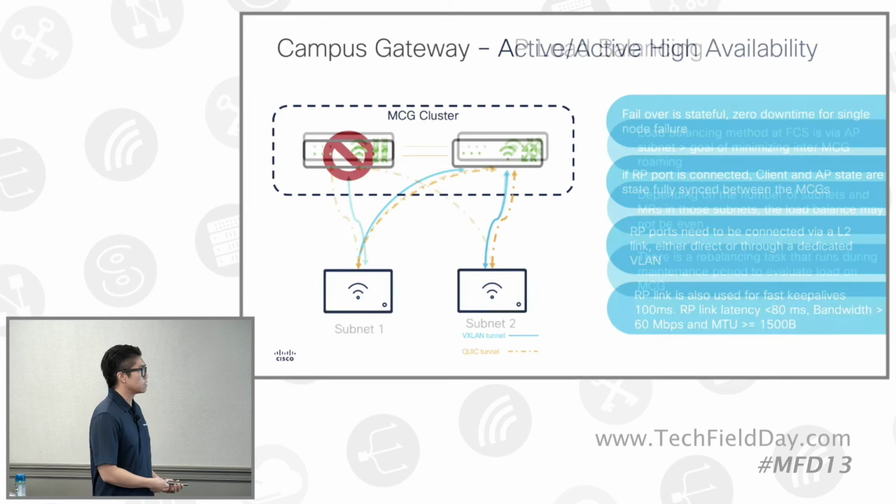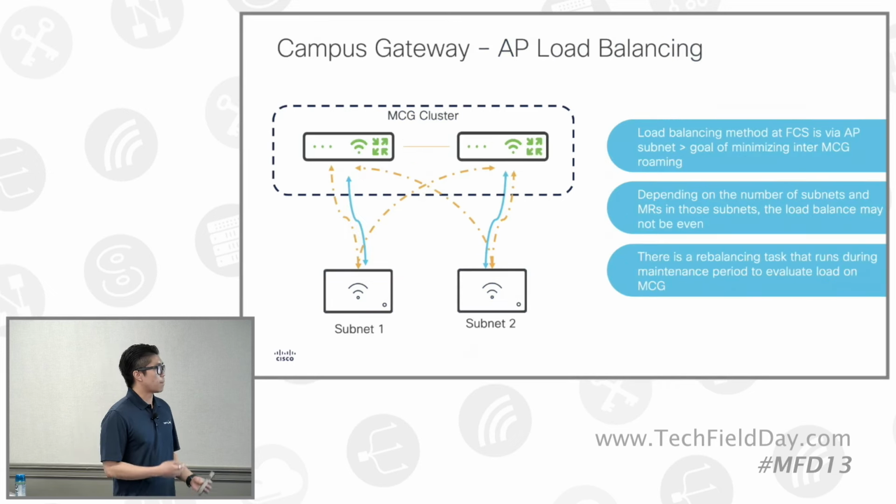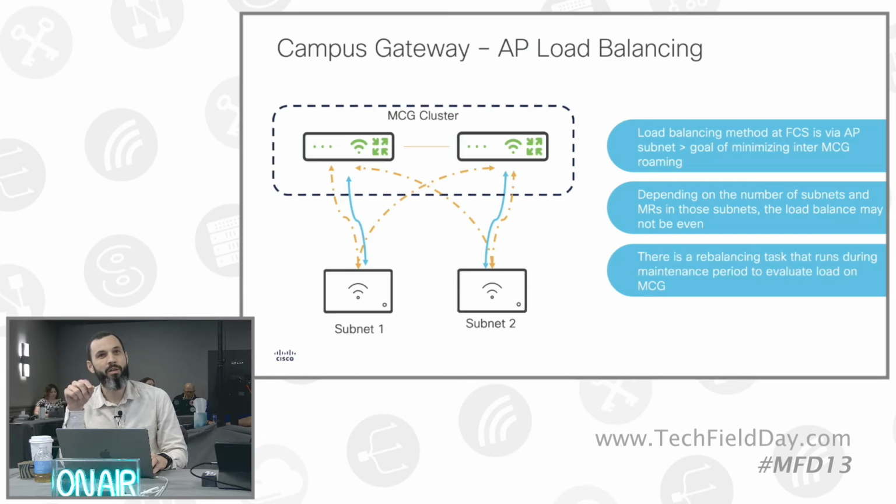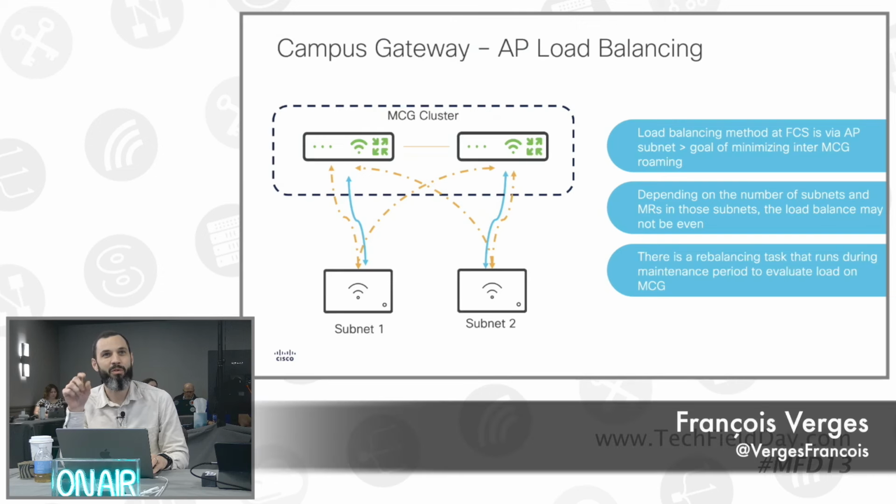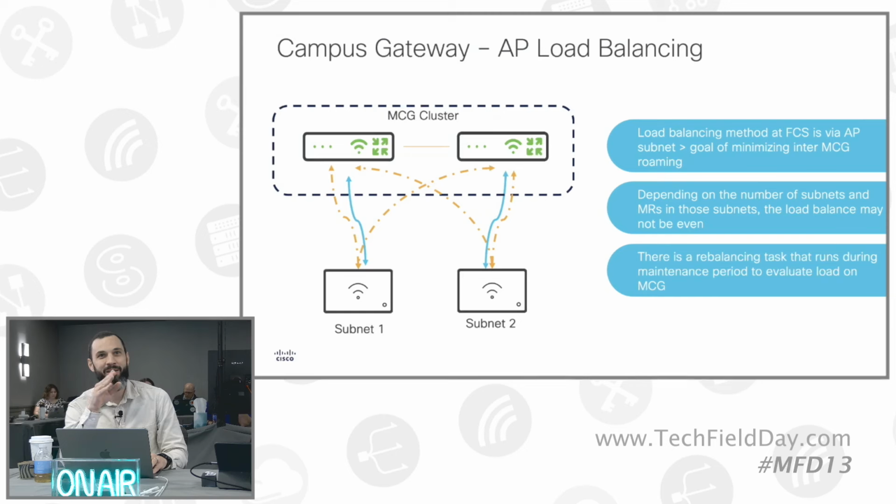And then the load balancing will be done at FCS based off AP subnet. So APs of the same subnet will go to the same MCG. APs in different subnets will go to different MCGs. I know that on the current Cisco 9800 controller, you have to be careful with the site and how the APs are assigned in the controller. You don't have this with the MCG, right? It gets rid of all of these limitations.